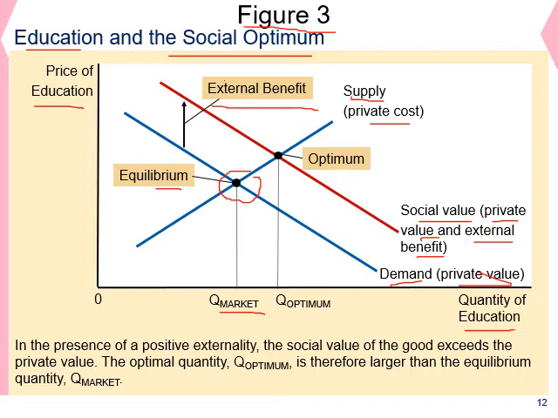And so the new curve here, the social value curve, crosses the supply curve at this point, which is the optimum, and which will lead to the optimum quantity in the market, which is greater than the market equilibrium quantity. So therefore, the optimum quantity is larger than the equilibrium quantity of the market with positive externality.